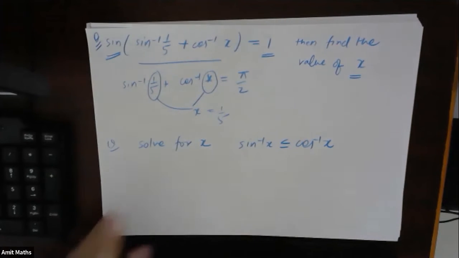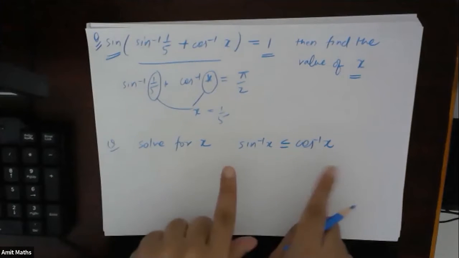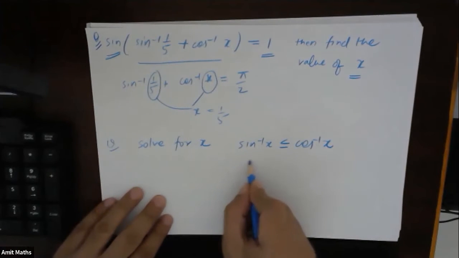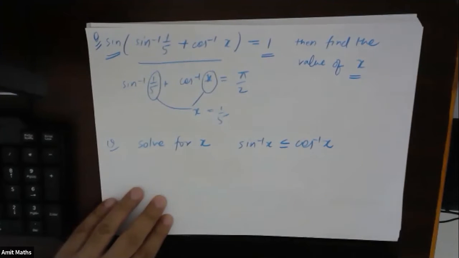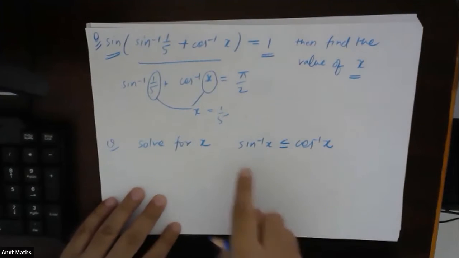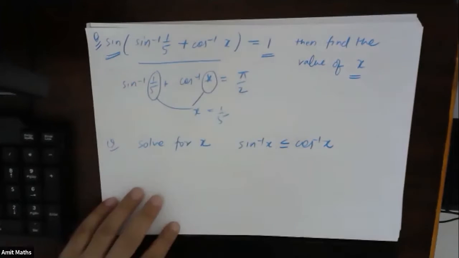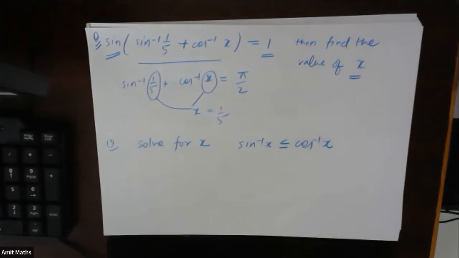Now, if you remember, we have solved something like this, not exactly, but something like this, where we have done cos inverse of x should be greater than or equal to sine of sine inverse of x, right? And we have used the graph. You can also solve this using the graph, right? But today we will try to solve it using the property. We can also solve it using the graph. If you remember, we have already solved something similar using graphs before.